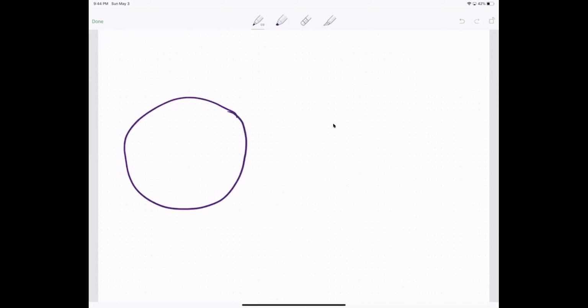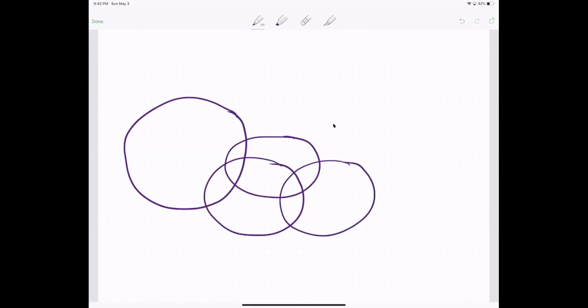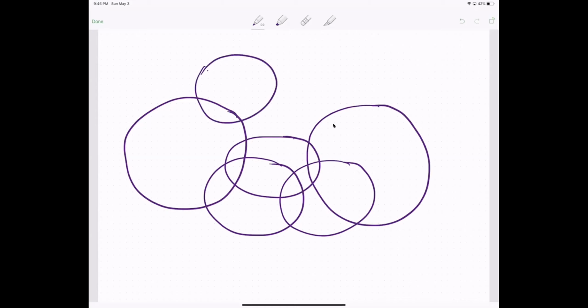I think in total I have to draw 8 of them. Okay, we are almost there. 2 more have to be drawn now.